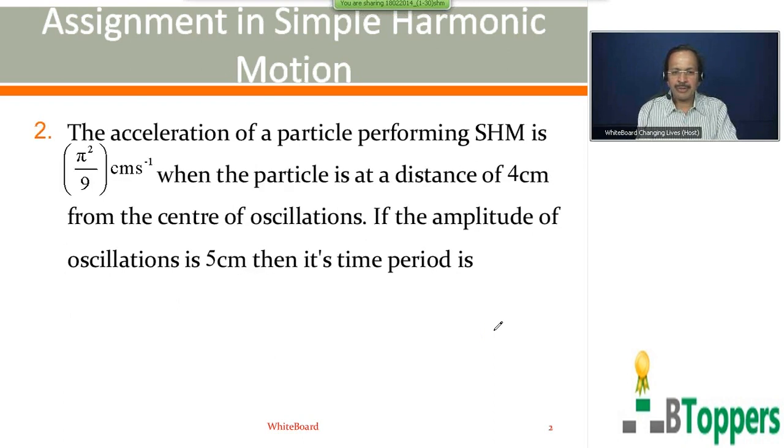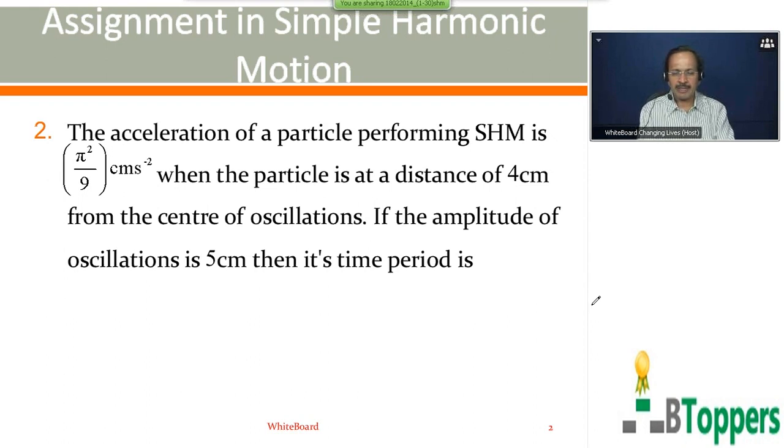See the question number 2. The acceleration of a particle performing simple harmonic motion is pi square by 9 centimeter per second square. So again I'll read out the question.